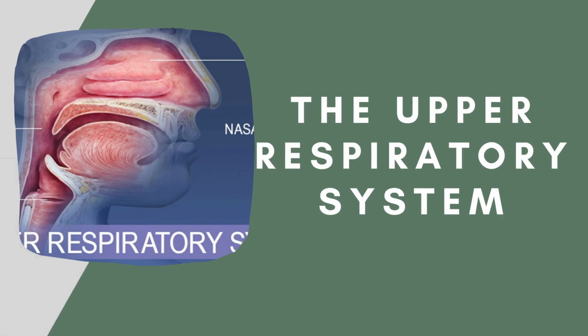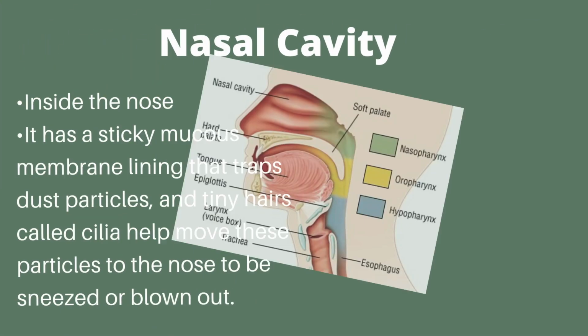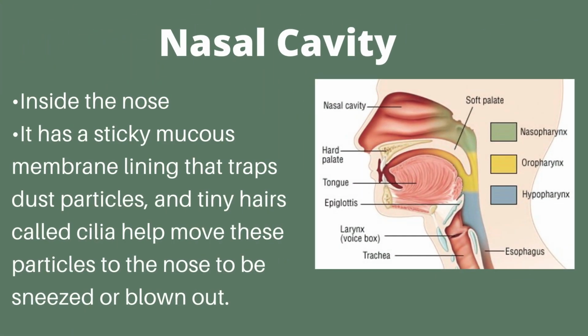The upper respiratory system of the human body consists of the nose, the nasal cavity, the pharynx, and the larynx. The nose works as a major part of the respiratory system, in addition to being the primary organ of smell. Inside the nose is the nasal cavity.